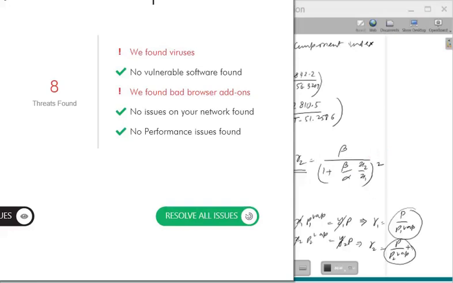These are nonlinear algebraic equations in alpha and beta, and to solve them you can use the graphs.